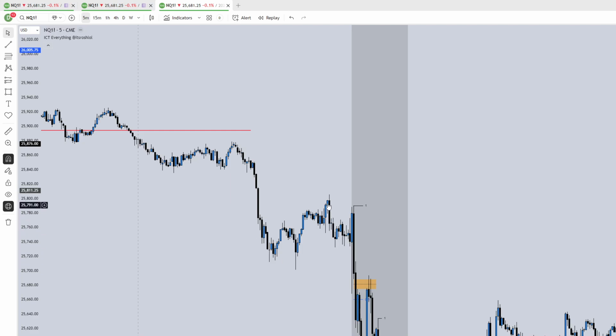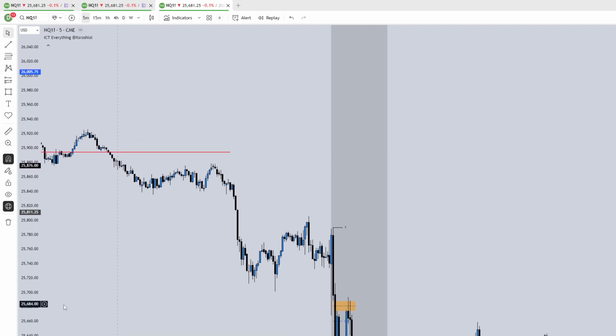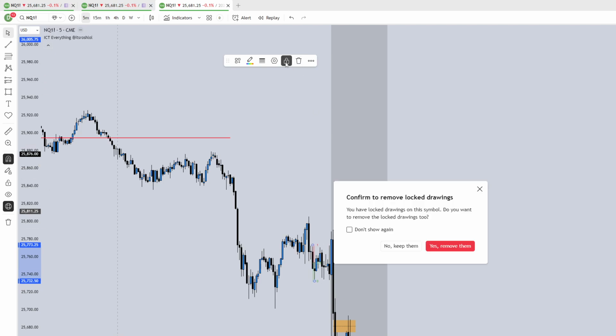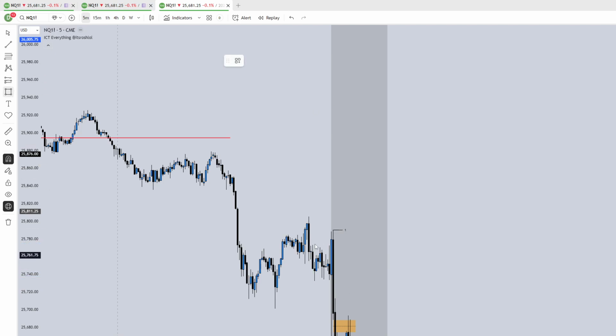So 8:30, we displace, we make a fair value gap. This is not quite the 2022 model because we don't take structure yet, but here 8:40, right here we make the 2022 model, right? That fair value gap's in premium. It's not massive displacement, it's pre-market.